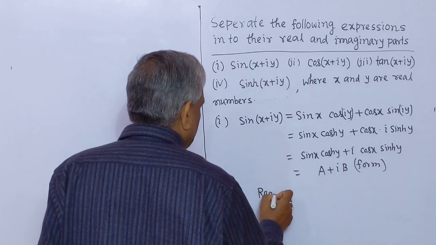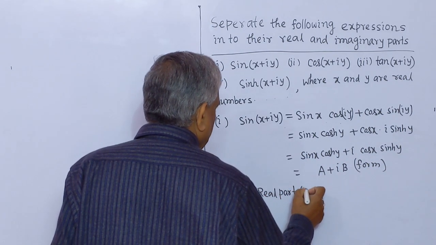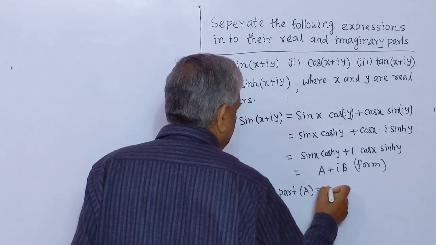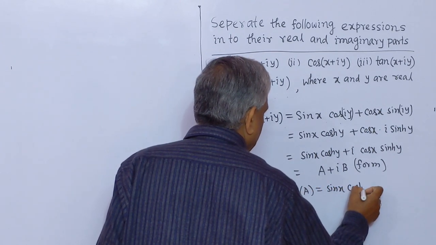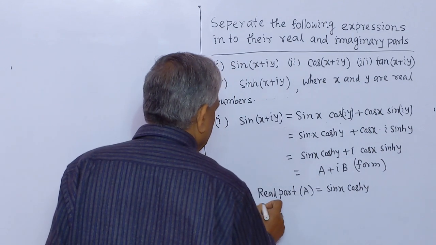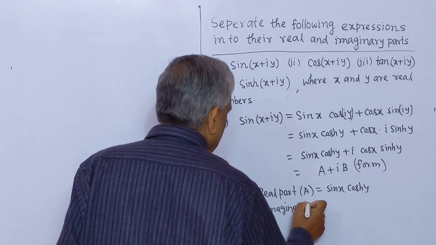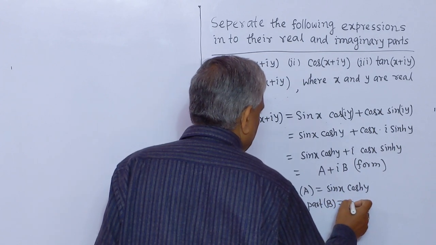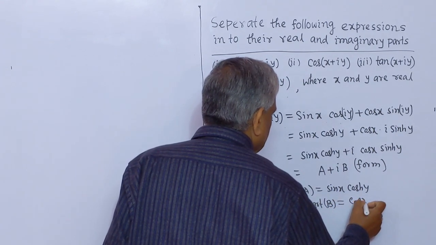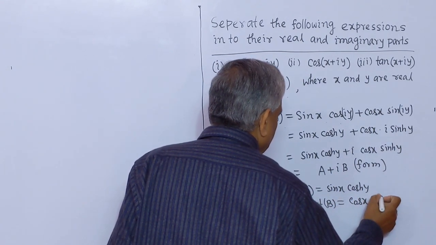Real part a equal to sin x cosh y, imaginary part b equal to cos x sinh y.